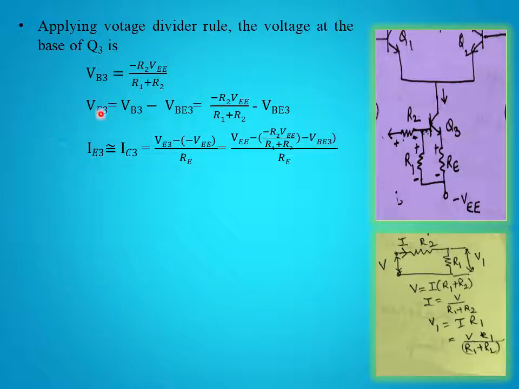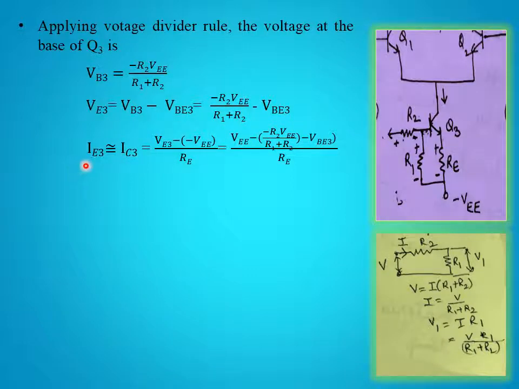So VE3 will be simply VB3 minus VBE3. VBE is generally defined as VB minus VE, so interchanging the positions we have written this equation. Now putting the value of VB3, we get this equation.